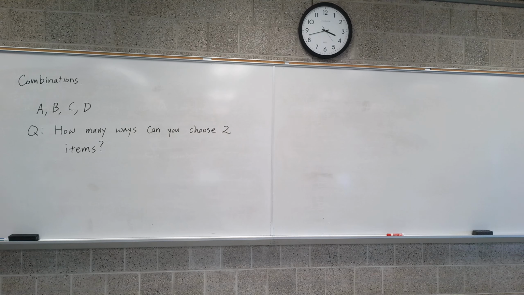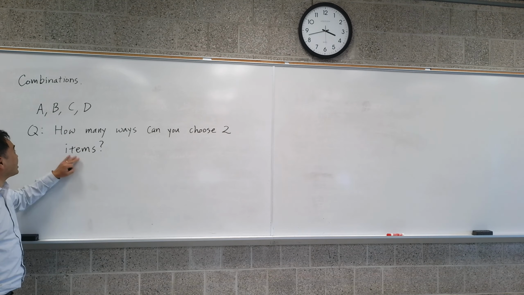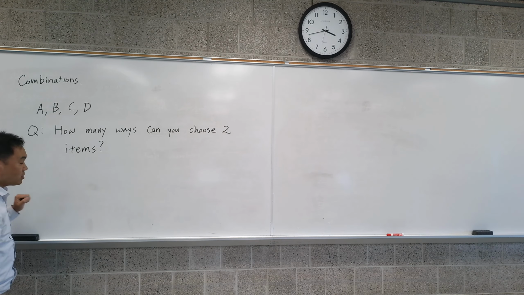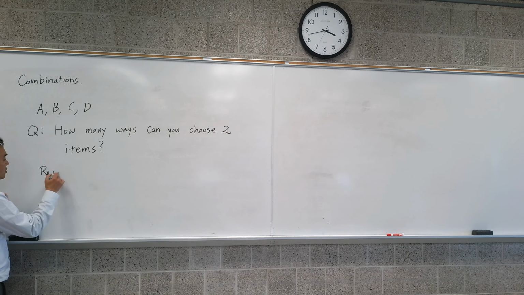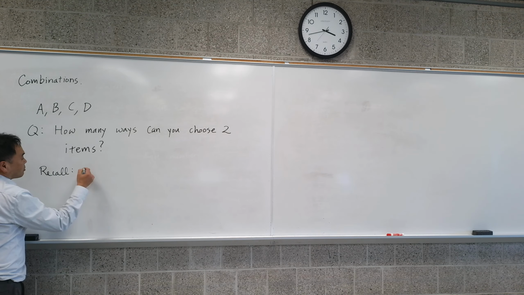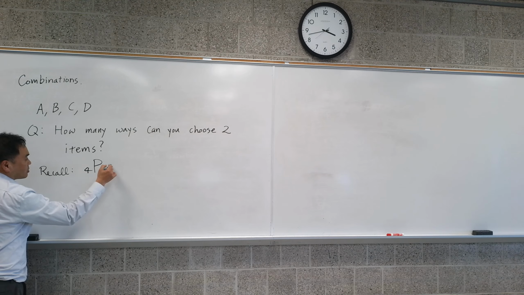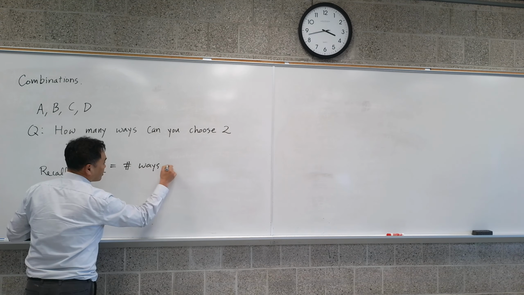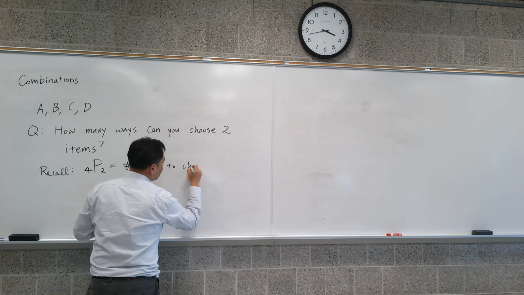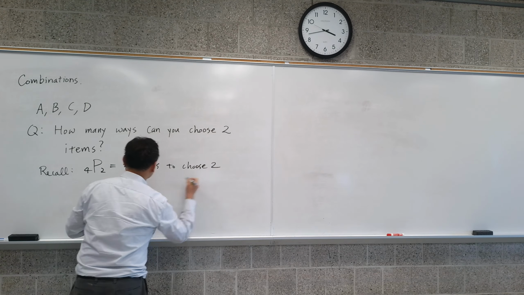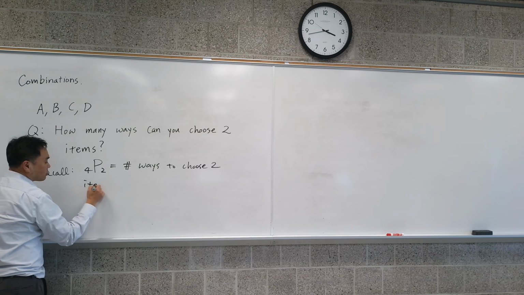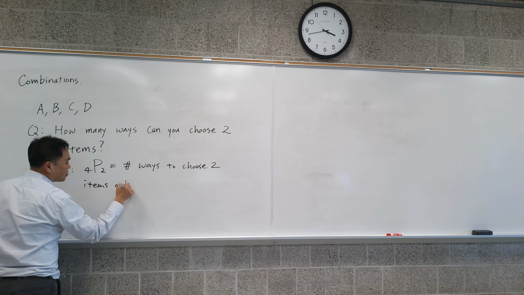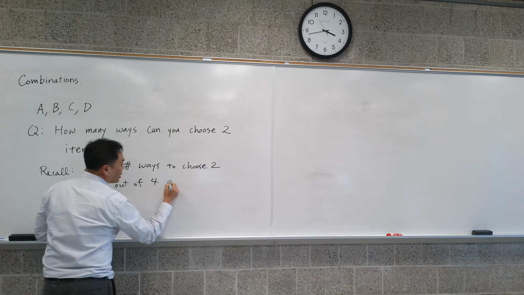Now, we did do a similar question last time, which was, how many ways can you permute 2 items out of 4, right? So recall 4P2 was the number of ways to choose 2 items out of 4 and permute.